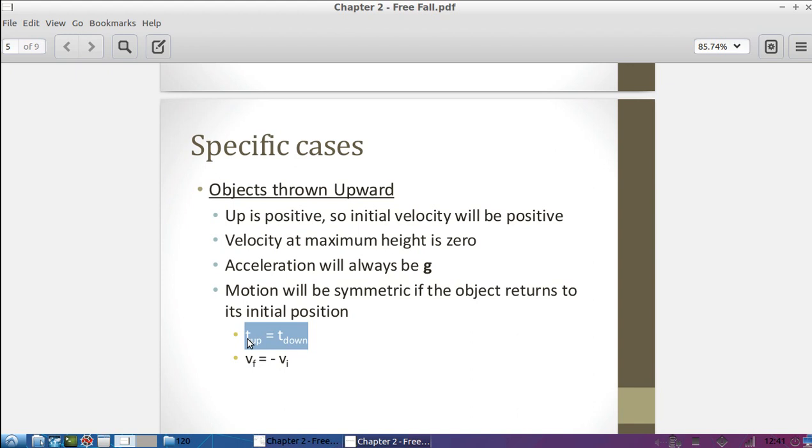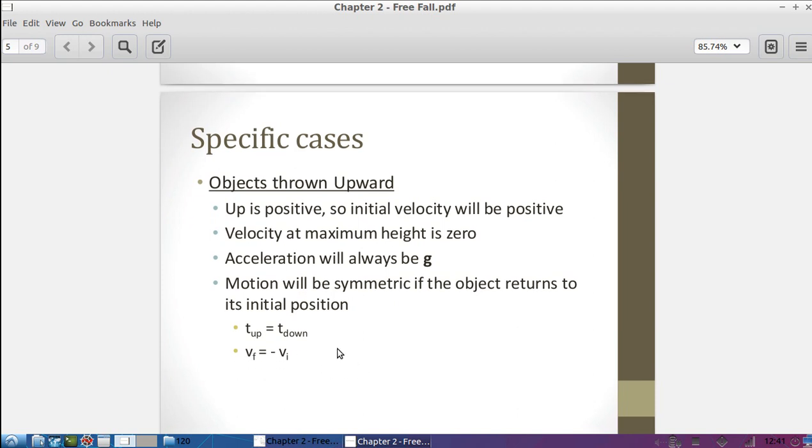And then the final velocity when the object strikes the ground is equal in magnitude to the velocity with which it was launched. So it hits the ground at the same speed it left the ground, but it's negative, because the vectors change direction. The magnitudes of the initial and final velocity are the same, but the direction is different. So that's also very useful.